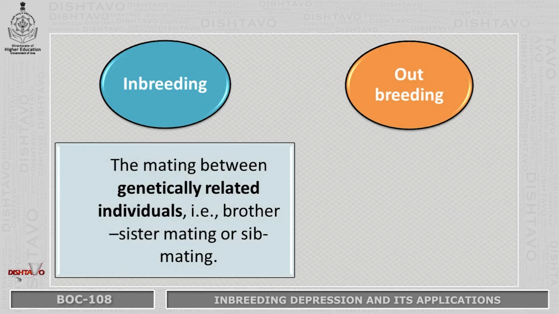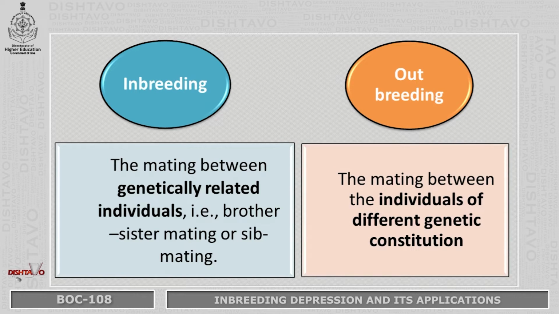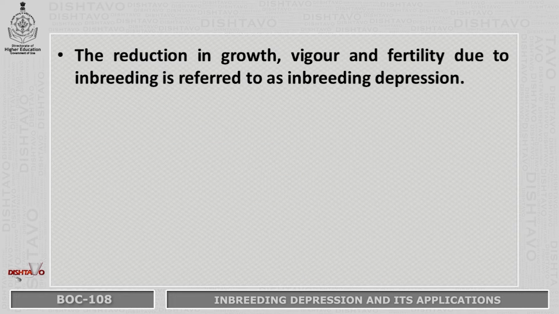Inbreeding is the term given for the mating between genetically related individuals, that is, brother-sister mating or sib mating. On the other hand, we have outbreeding, which is nothing but the mating between the individuals of different genetic constitution. The reduction in growth, vigor, and fertility due to inbreeding is referred to as inbreeding depression.